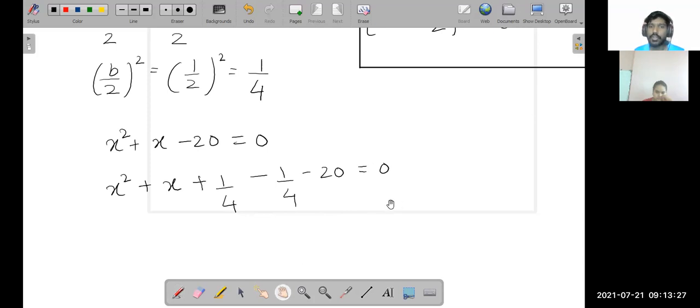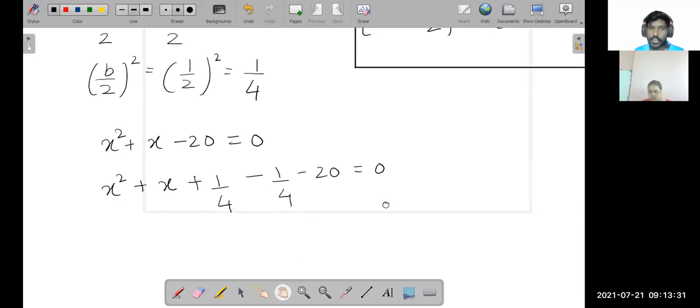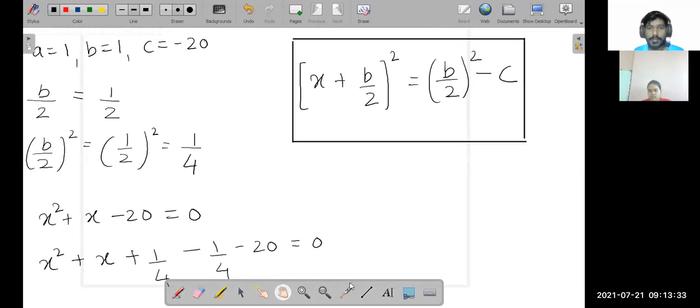Now, after this step, instead of doing the calculation, because there's a lot of calculation, you just remember this formula and write according to this formula.